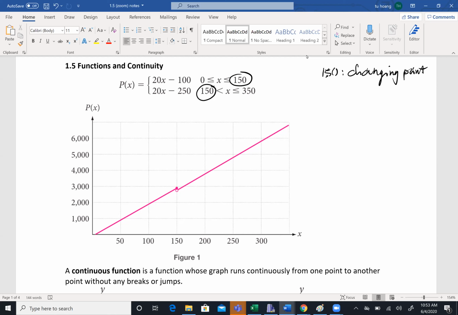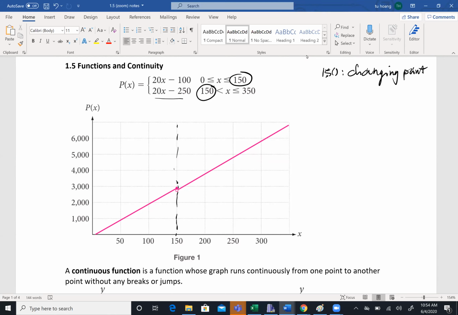The first part of the graph comes from 0 to 150 over here, and it is a line that comes up to almost 3,200 something. But then after that, it jumps down, or it just uses another function for the second part after 150.